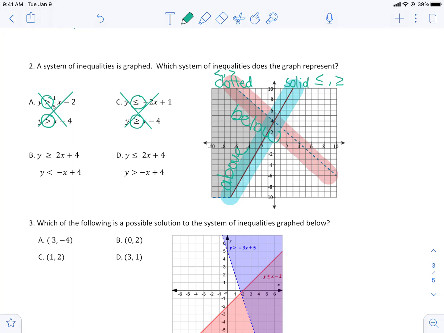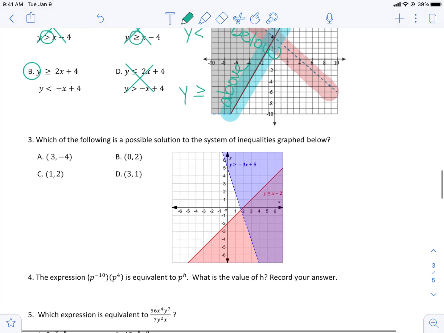Well, if I'm going to shade above, it has to open towards the Y. If I shade below, it has to open away from the Y. So if I look at my answer choices, answer choice B opens towards the Y for the solid line, which is what we want, and away from the Y for the dotted line. So answer choice B would be our correct answer. If we look at D, it said we would shade below for the solid line and above for the dotted line, and that's not going to work in our situation.